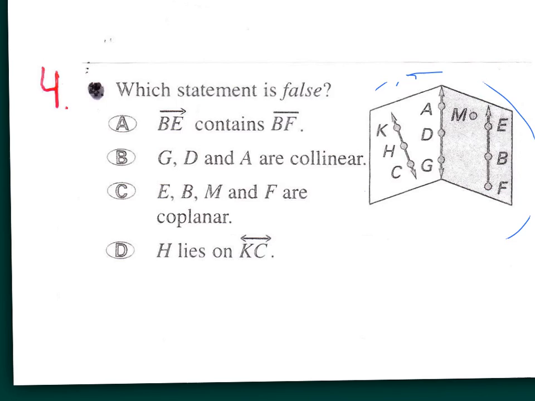Is it B, G, D, and A are all collinear? Is it C, E, B, M, and F are coplanar? Or is it D, H lies on line KC? Which of these are false?